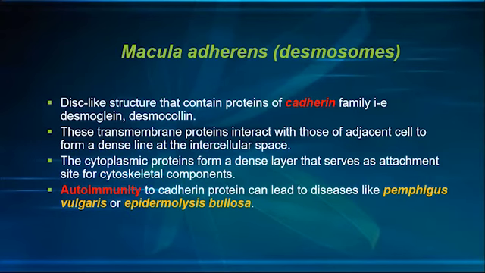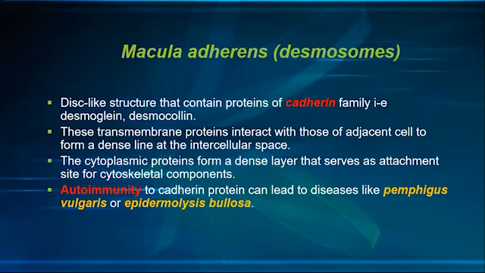Autoimmunity is a condition in which the own defense cells of the body, due to any sort of mutation in genes, start attacking the normal cell structures in your body. ठीक है, so these are the two conditions in which if there is autoimmunity of cadherin protein in desmosomes, it can lead to pemphigus vulgaris or epidermolysis bullosa. ठीक है, these are the two diseases with different sorts of complications.